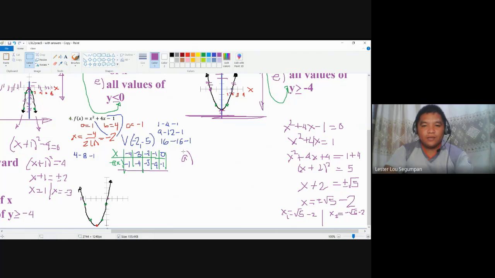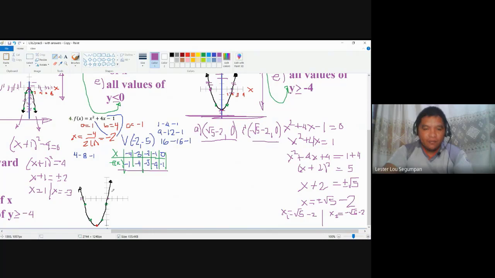Our intercepts are the first point, that's in parentheses, square root of 5 minus 2, paired with 0, and negative square root of 5 minus 2, and pair it with 0. So these are your intercepts.